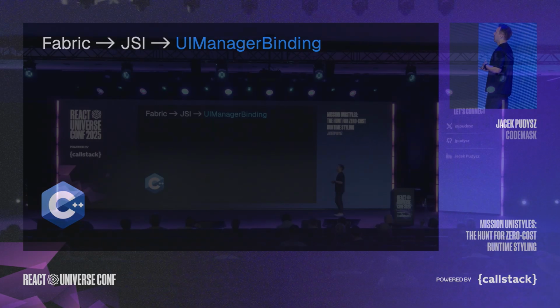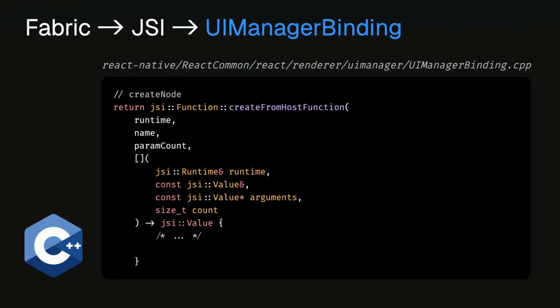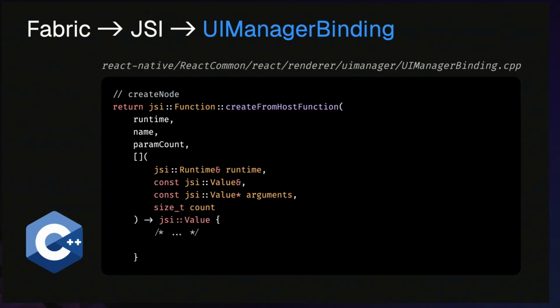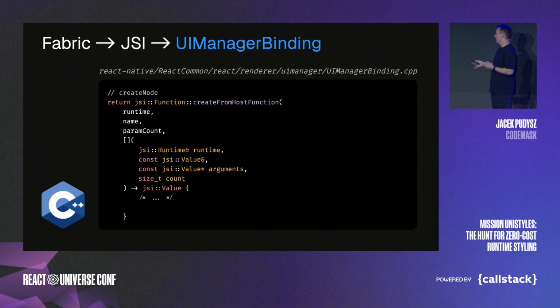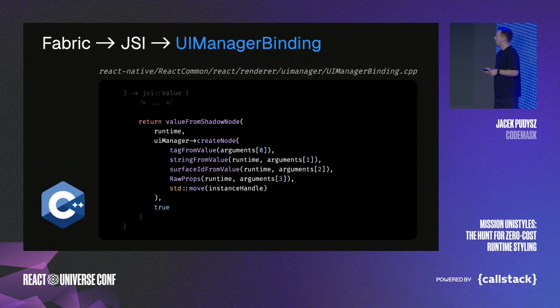And then, after Fabric does its job, it will call the createNode function on UIManager. And UIManager is exposed to you via the JSI. So if you are familiar with C++, and I'm sure most of you are, this is just boilerplate. So this is a regular C++ JSI function. So Fabric will call this function with some properties, and among them we have raw props.